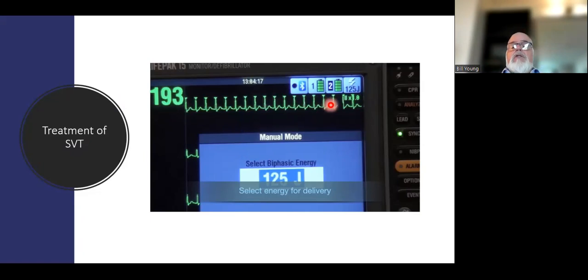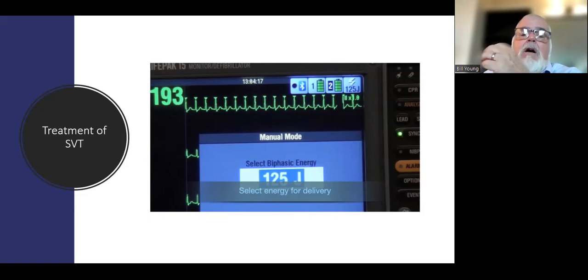Depending upon what lead you're monitoring in, you could have an inverted QRS, and if that's the case, then it'll occur down at the bottom. But the thing that we're looking for is we don't want to push any buttons until we see that synchronization marker at the top of the QRS.